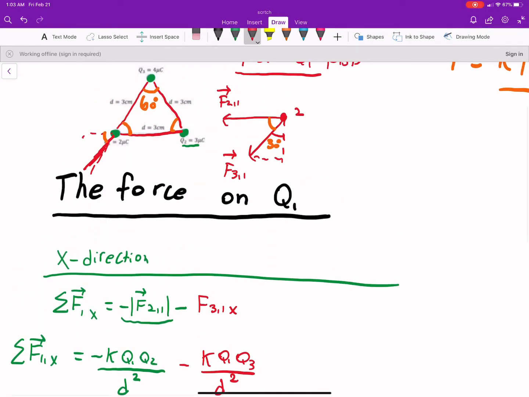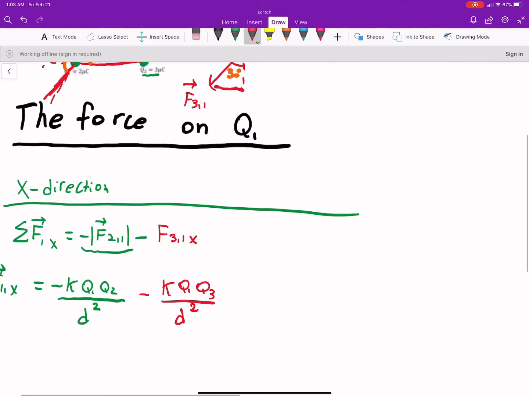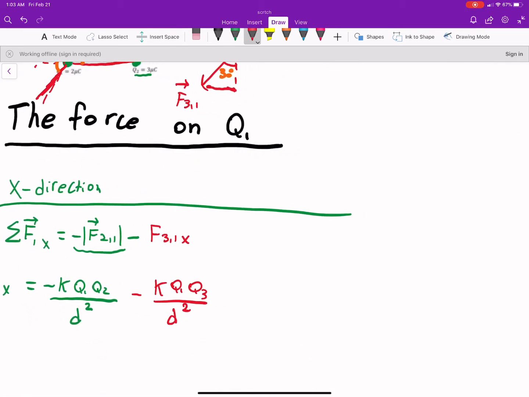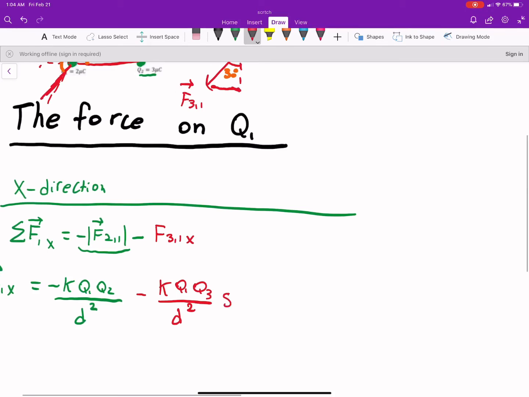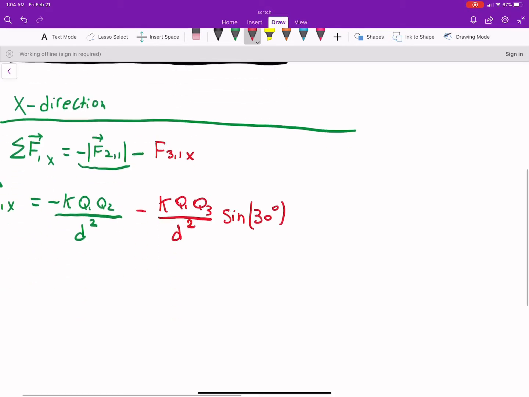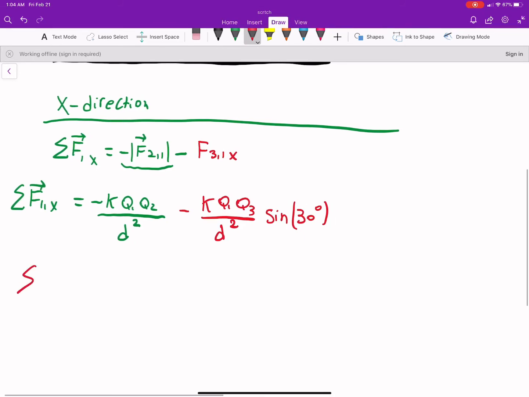And what do we want to do? Well, we just want the x component to start. So that's opposite. So we would say sine of 30 degrees. Now that we have that, we can simplify this a little bit and say sum of all forces in the x direction.